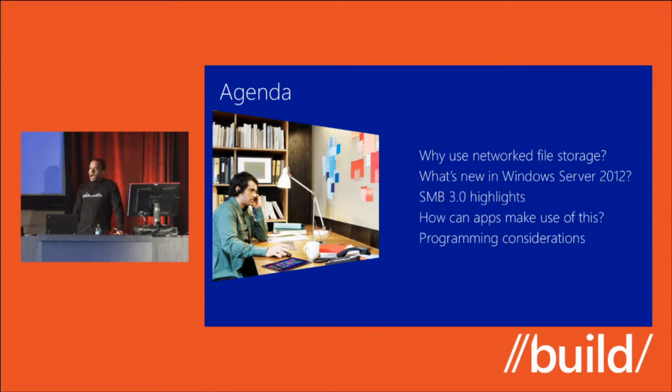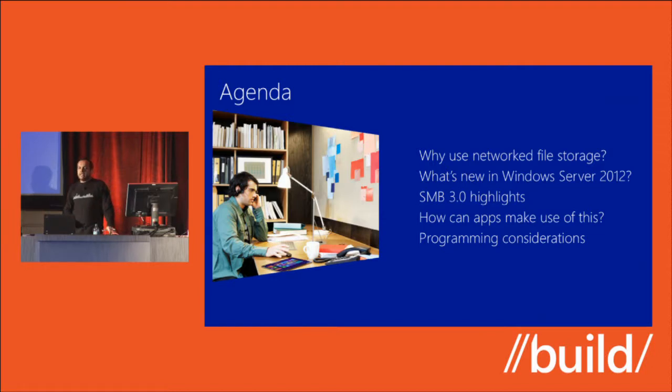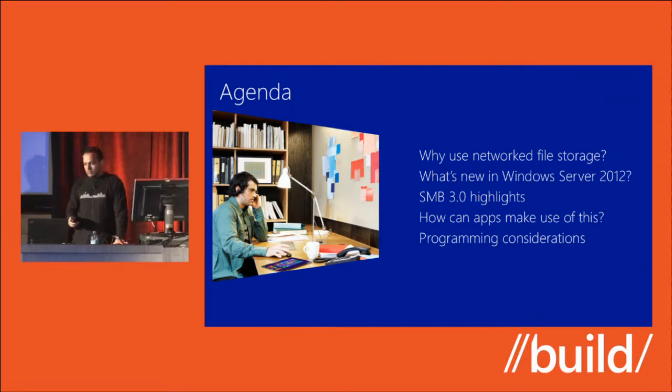And then how, as an application developer or a storage architect, you can make use of these features in Windows Server 2012. And then a few programming considerations with respect to how you can extract maximum performance from your network storage subsystem.